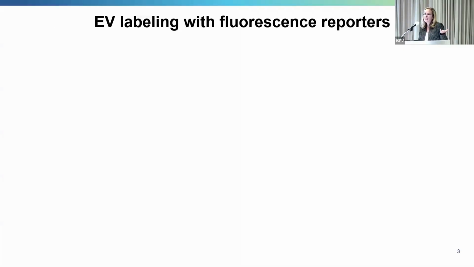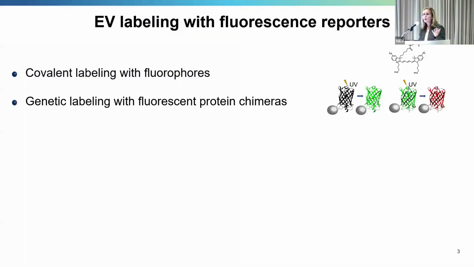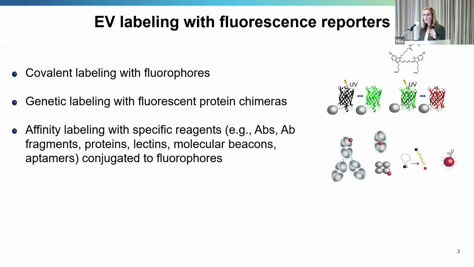So how do we label vesicles, right? We can covalently label extracellular vesicles using either maleimide dyes or NHS esters. So we need to have a dye, and then we can conjugate it to the outer layer of vesicles. We can use genetic labeling. This is a little harder when we consider vesicles from blood. We can do affinity labeling. You've seen a lot of talks today that dealt with this.